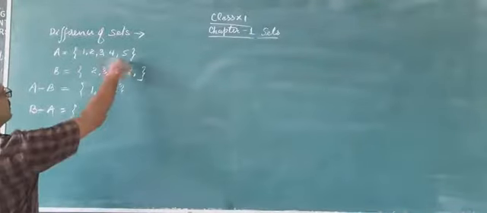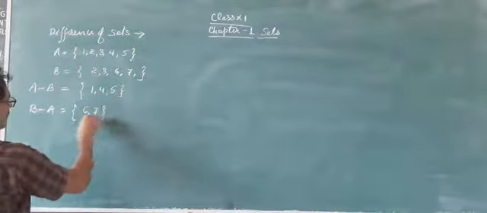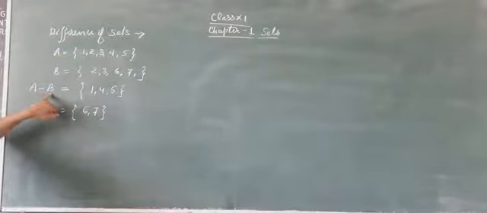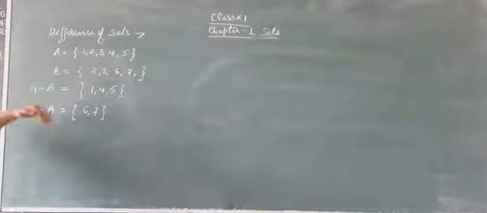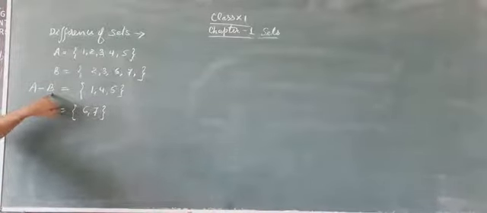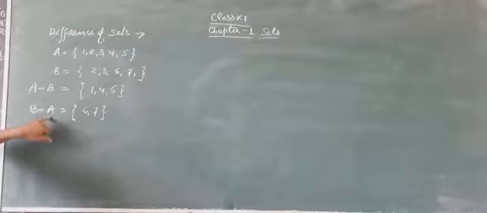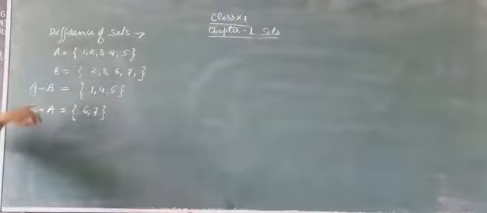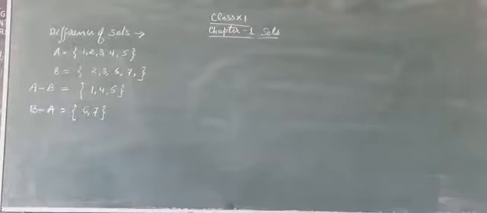So 6 and 7, the elements which do not lie in A. Means for A minus B, we have to see the elements of A which do not lie in B. And if we have to find B minus A, we see the elements of B which do not lie in A. So this is the difference of sets.